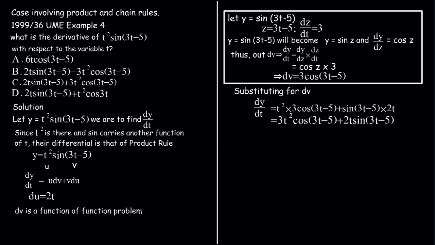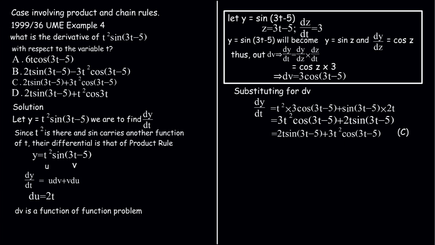Multiplying, this will be equal to 3t squared cos 3t minus 5 plus 2t sine in bracket 3t minus 5. Now rearranging our final answer to meet the form in our options, it will be equal to 2t sine in bracket 3t minus 5 plus 3t squared cos in bracket 3t minus 5. Our final answer is C.